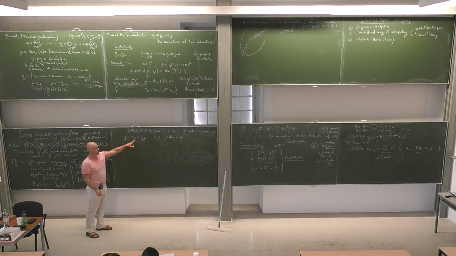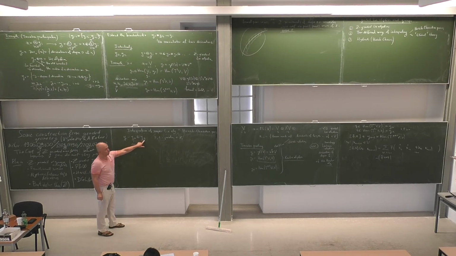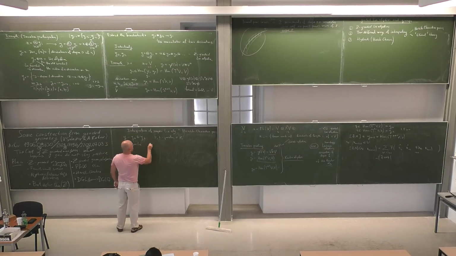Then what do we know about this pair? We know that g_0 is at least an even Lie algebra, g_0 is acting on g_1, so g_1 is a g_0 module.